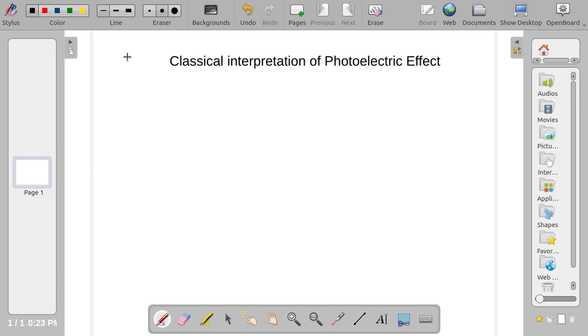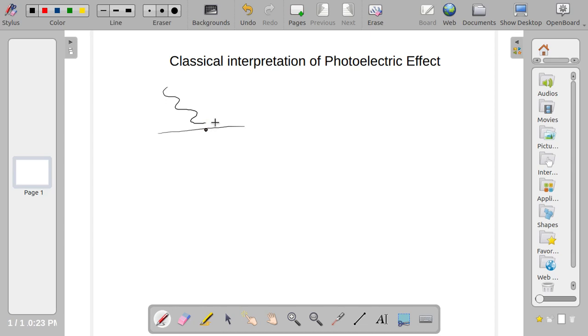According to classical mechanics, when light is incident on a metal surface, and light is coming in the form of a wave, what will happen?